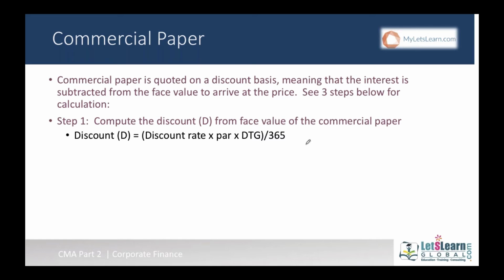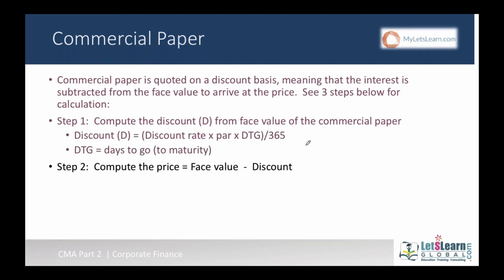Now, say commercial paper is issued on a discounted basis. Discounted basis means the amount of interest is deducted upfront. What you need to do is find out the discount amount, see the face value amount, find out the number of days the commercial paper is issued for, and calculate the annual rate of interest, the effective annual rate of interest.